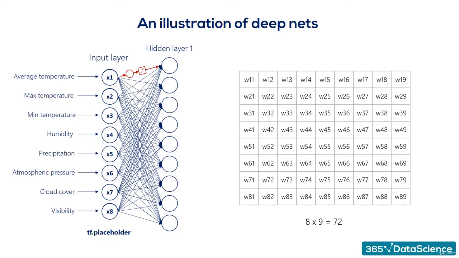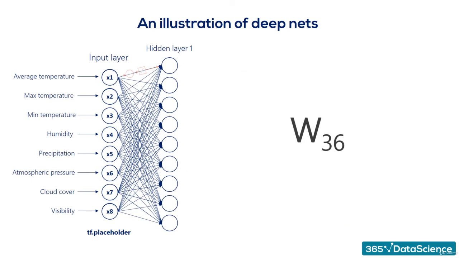9 arrows go out of each input unit and into a hidden unit. Since we have 8 input units, this gives us 72 arrows. To be even more specific, each weight has 2 index numbers. The first one indicates the input it is referring to, while the second one indicates the hidden unit it is referring to.